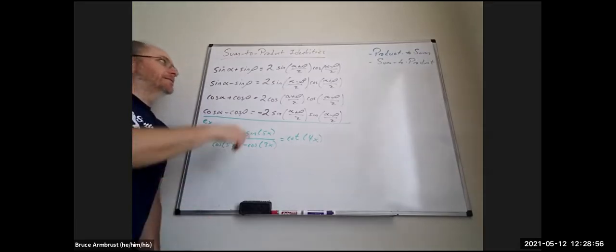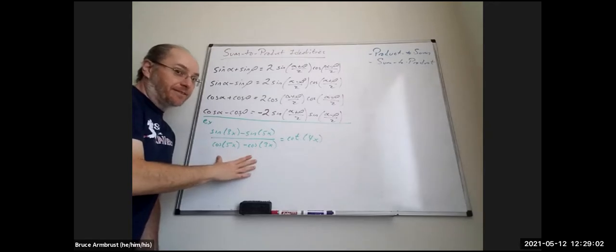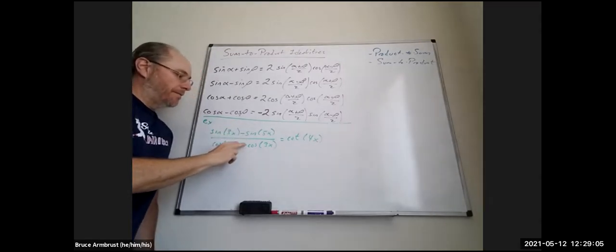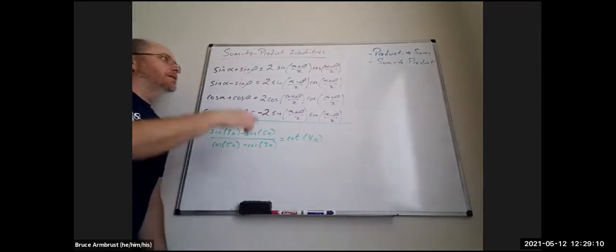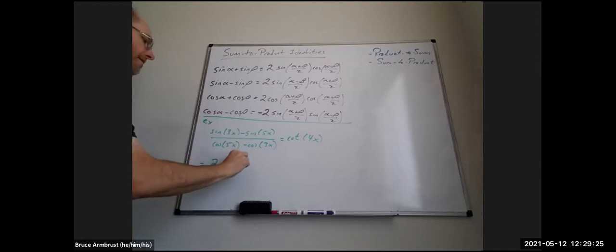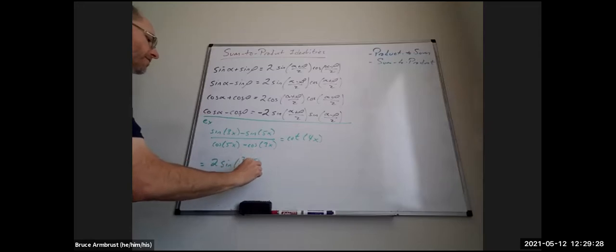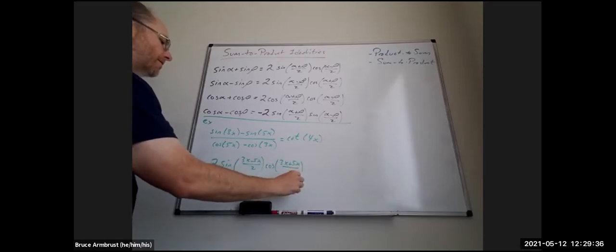But check out what happens if we use sum to product. In this fraction, and I would definitely start with the fraction side since that's uglier, I've got subtraction of sines on top and subtraction of cosines on the bottom. So how about we use these two identities? If we use the difference of sines for the top, we're going to get 2 times the sine of (3x minus 5x) over 2, times the cosine of (3x plus 5x) over 2.